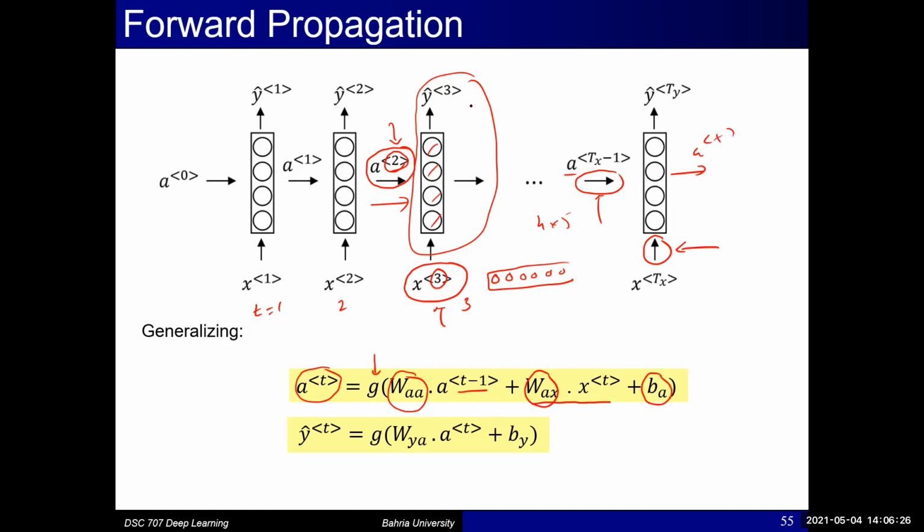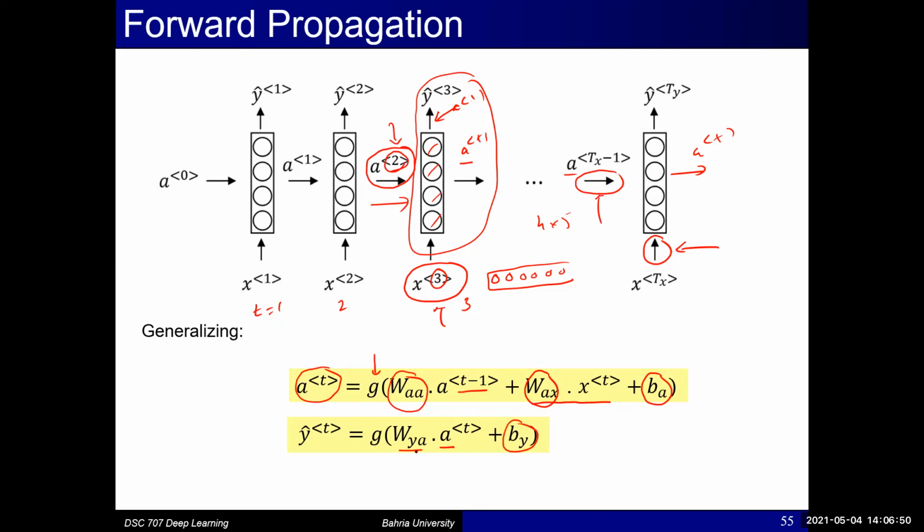Similarly, to compute the output, which is y, you also have a weight matrix on this arrow coming from this block to the output. You multiply this with at, which is the activation of this layer. Whatever is going on this horizontal arrow, which we are calling at, is the same thing here; these are just two branches coming out of the same thing. So it's exactly the same at which you are computing here.